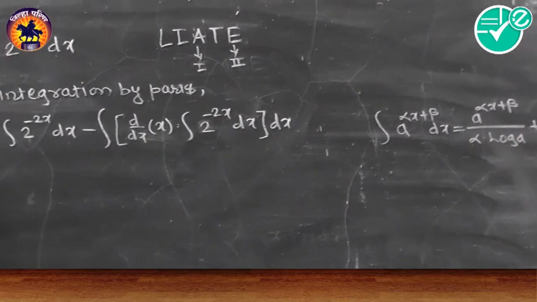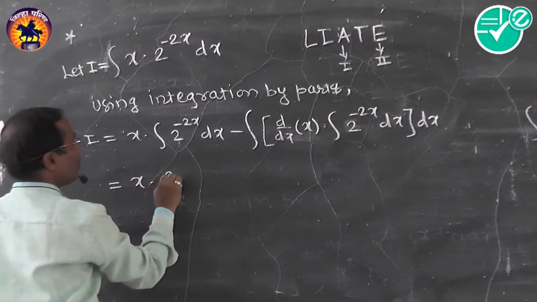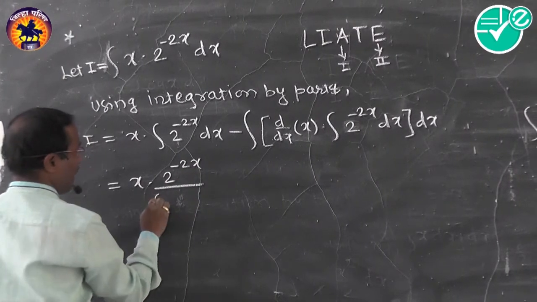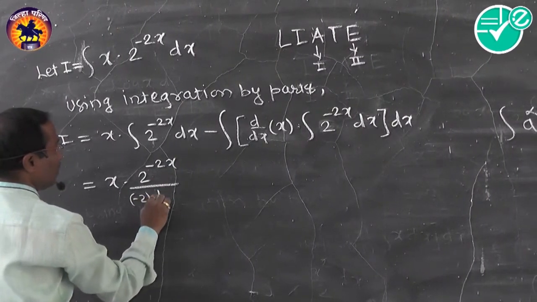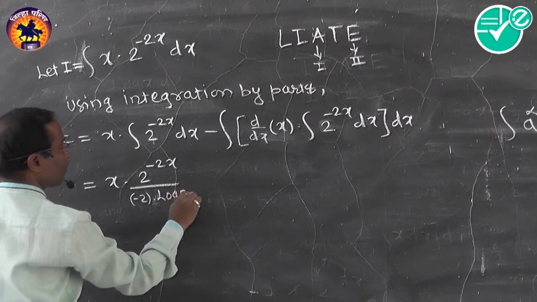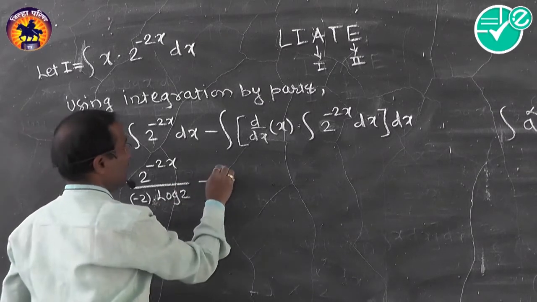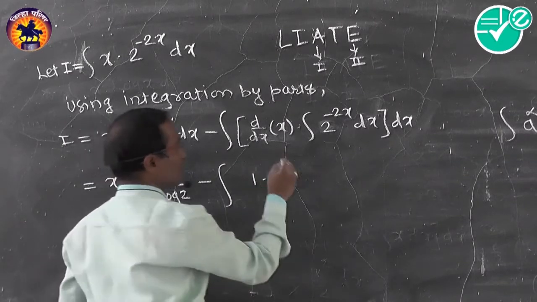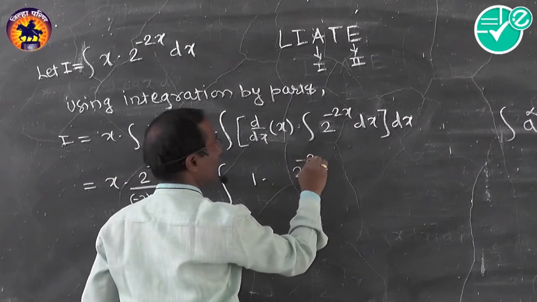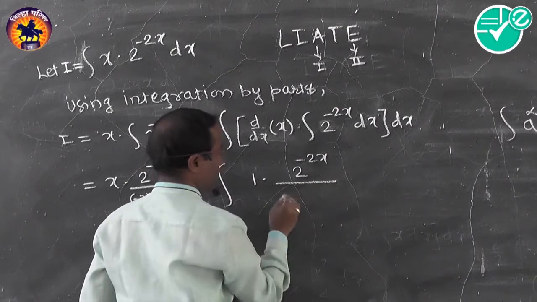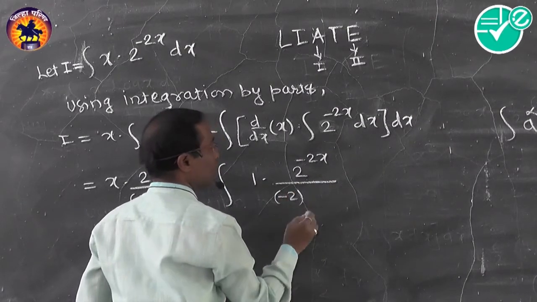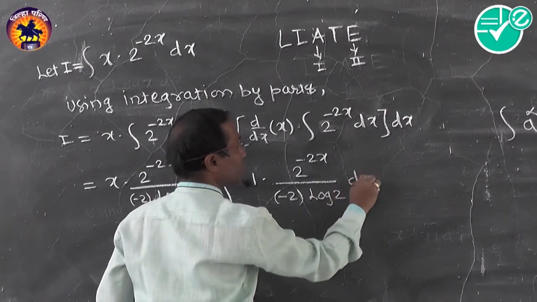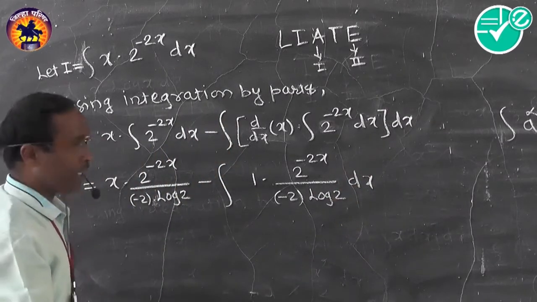Now we apply here x into 2 to the power minus 2x upon minus 2 into log 2, minus the integral of the derivative of x, which is 1, into 2 to the power minus 2x upon minus 2 into log 2 dx.